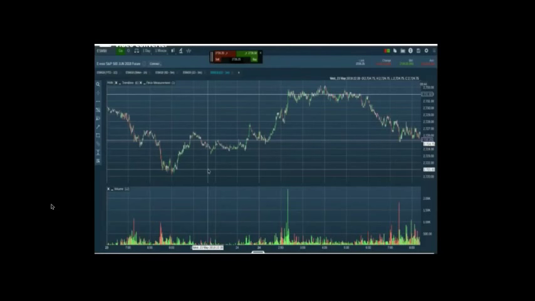If 27.25 doesn't hold, then we can expect to see it pull all the way back down. That 27.17 has been a good mark for us to use for support and for entries. But if it moves that far, we're not going to realize something like that.